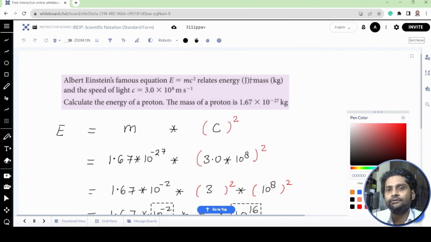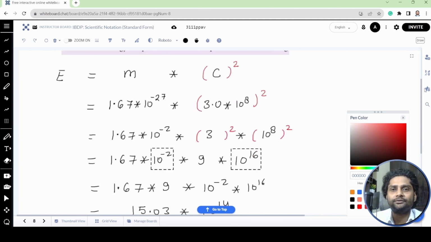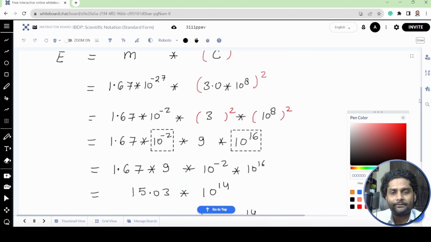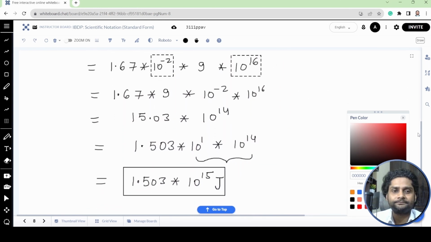Joule is the unit, or you can even have some formula based unit as well. But to be accurate, you can write that according to your question. They asked you to give the energy in joule, means J is the unit, of course. Okay, so this is how we simplify numbers in scientific notation.